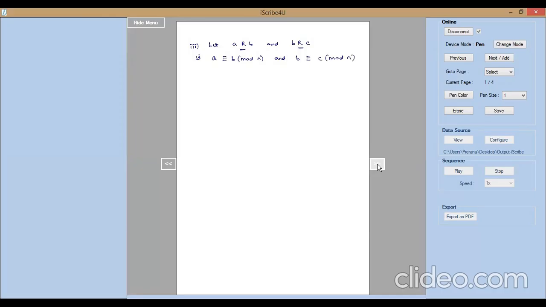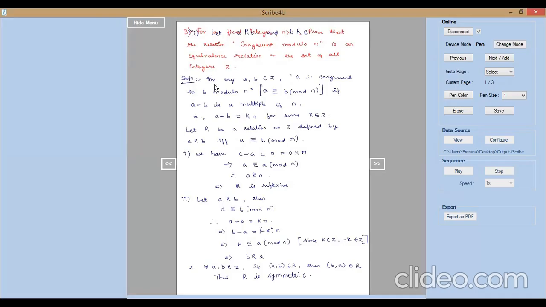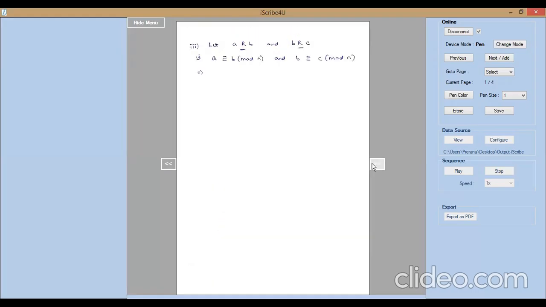Now from the definition of modulo n, what is the definition? We recall that from the previous one. We had already written the definition: A is congruent to B mod n if it satisfies that A minus B is a multiple of n.